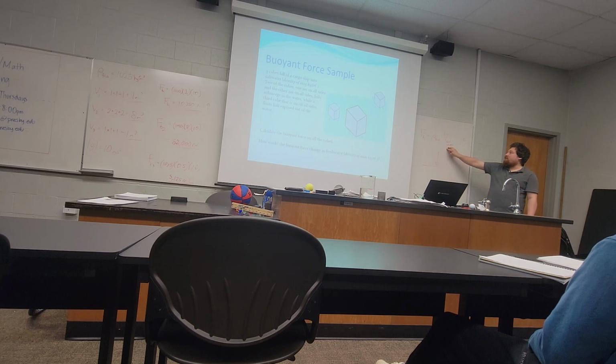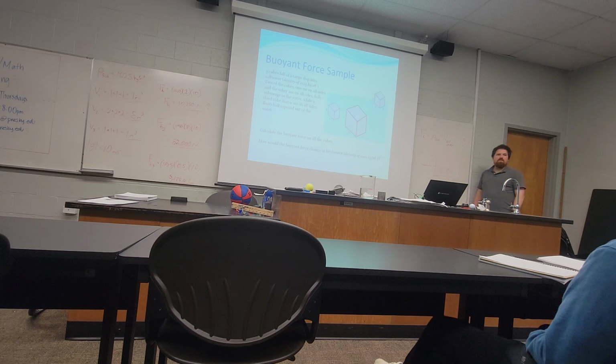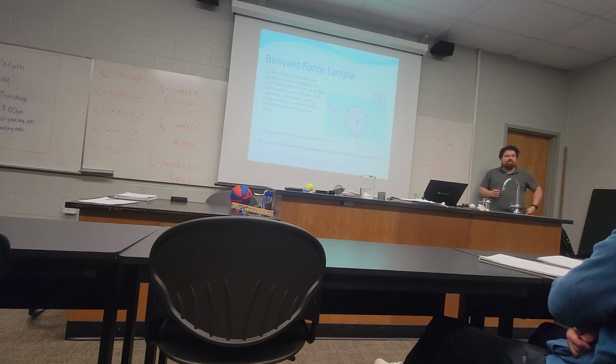Then, you only care about the volume that is under the surface. If the whole thing's underwater, you use the whole thing, but if part of it is sticking out of the surface, you only use the part of it that's under. And then G is again just 10, the absolute value brackets get rid of the negative sign.